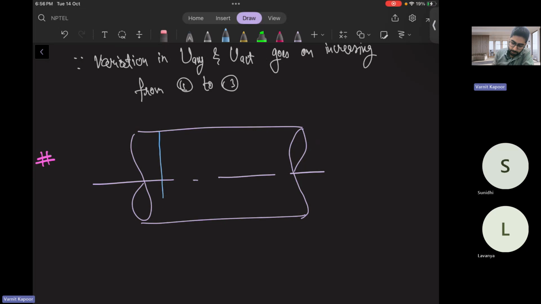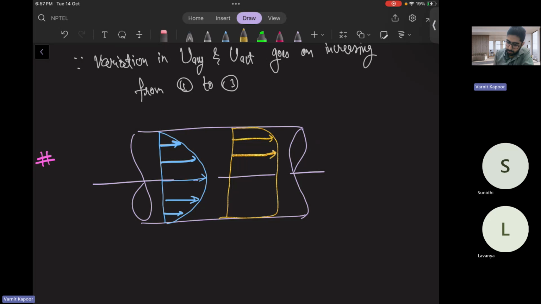My velocity profile for a laminar flow is like this, whereas for a turbulent flow, it's more like this. Okay, so this is U turbulent actual.